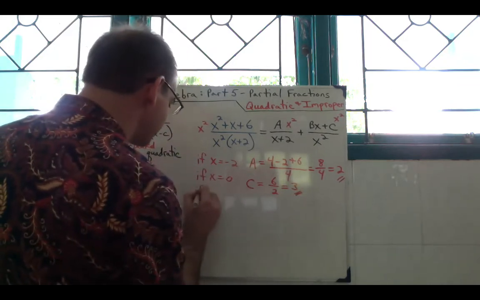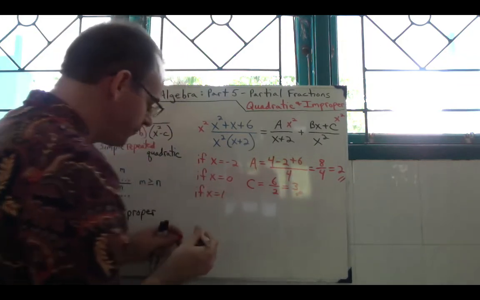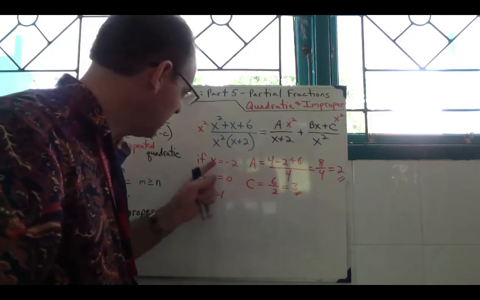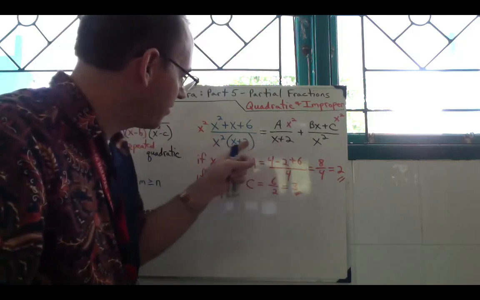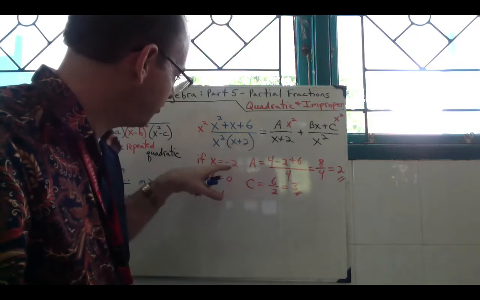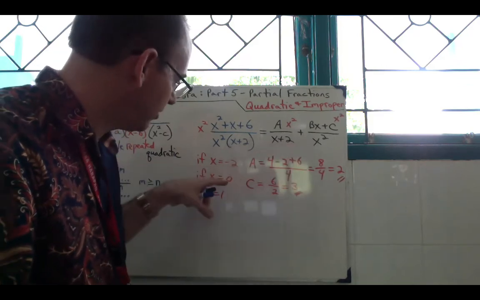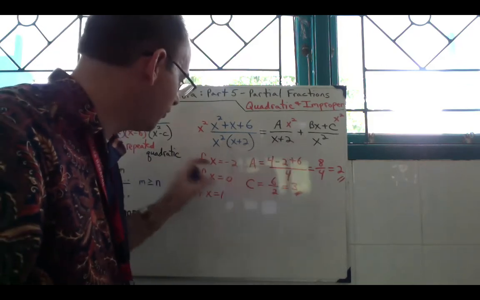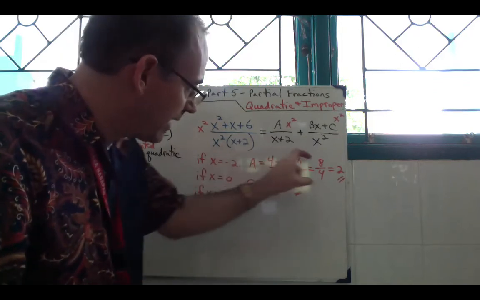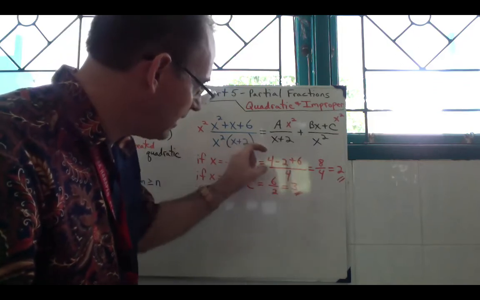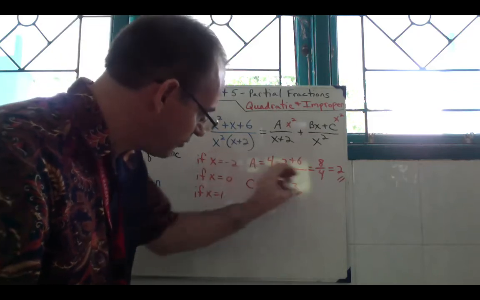What you're going to notice is when you're working with the denominators, like x plus 2, we use -2, and x squared, we use 0. When you're working with those, you're going to get a direct answer for your variable. A equals, there's the answer. C equals, there's your answer.